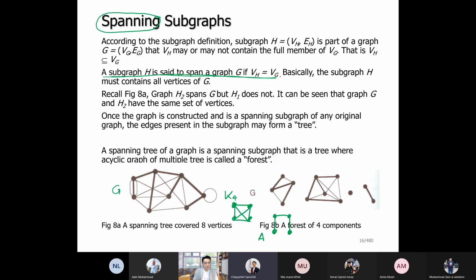Somehow it might be connected or unconnected. So in this one, we have a graph H2 that spans G, but H1 does not.